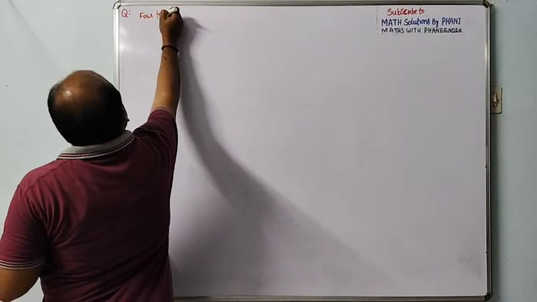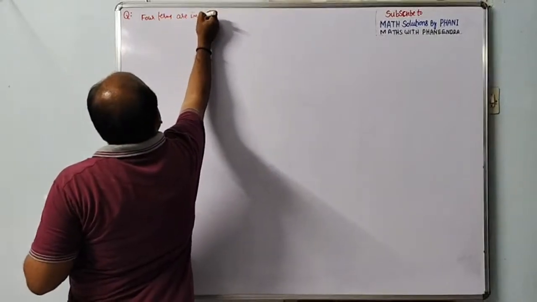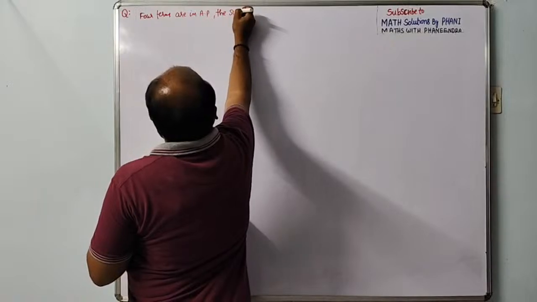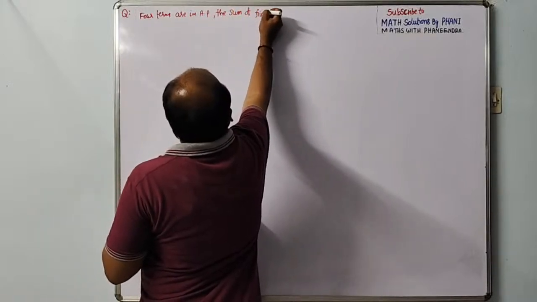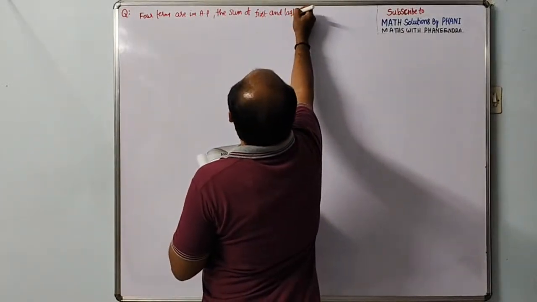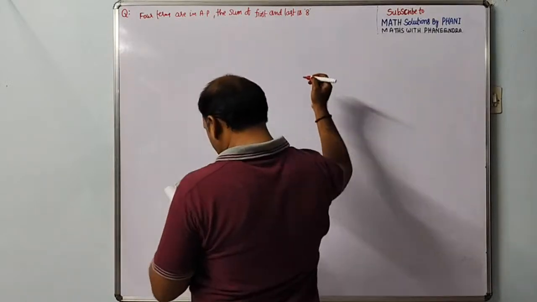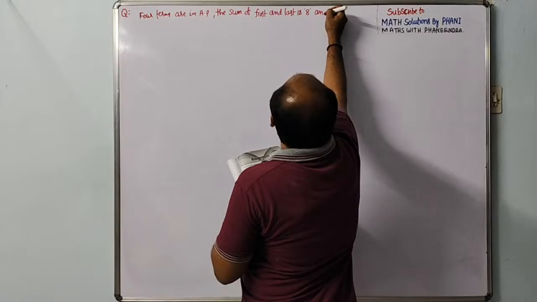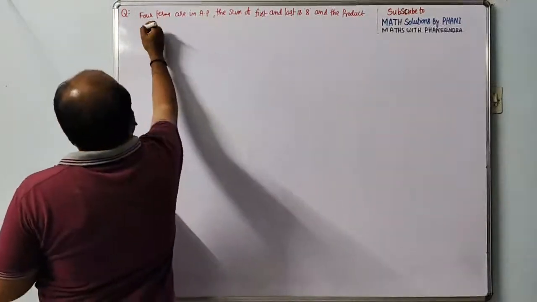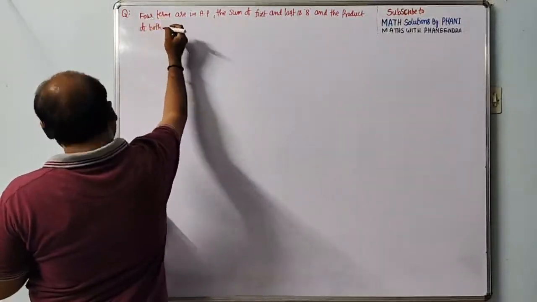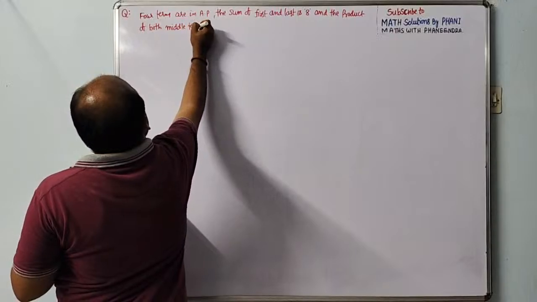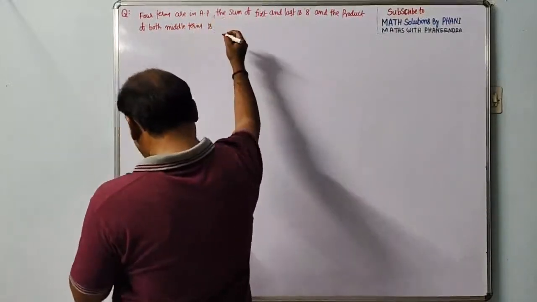Four terms are in AP. The sum of first and last is 8, and the product of both middle terms is 15.